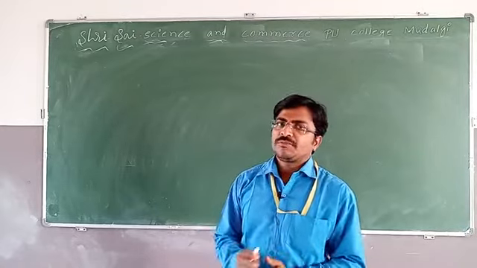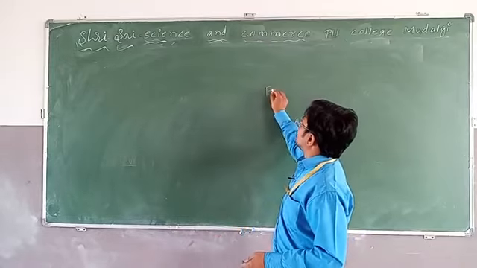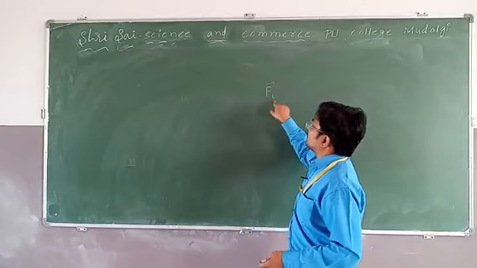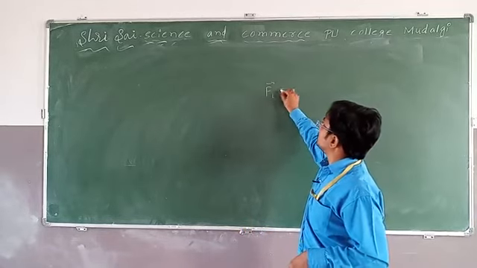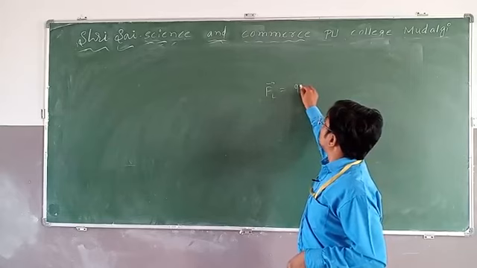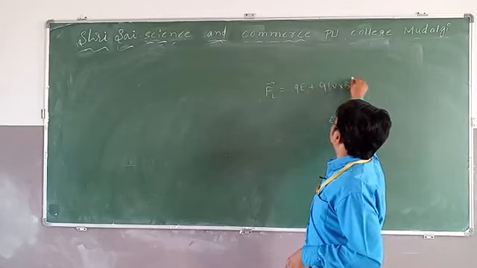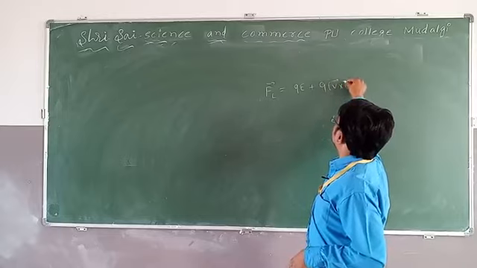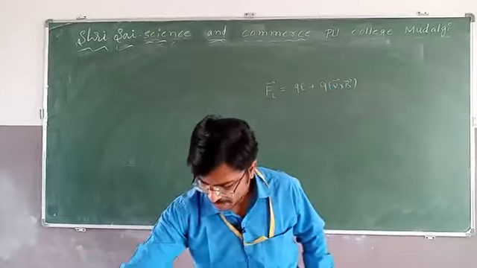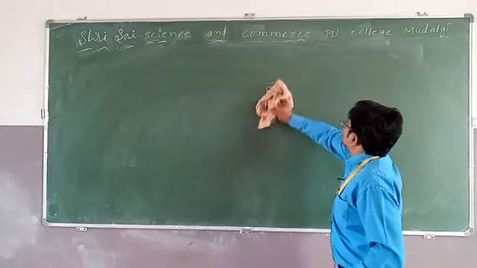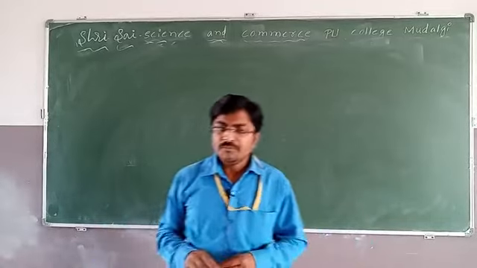Already I have given the formula for the Lorentz force, F_L equals qE plus q into v cross B. This part we completed, and today we will derive one formula with a small derivation.